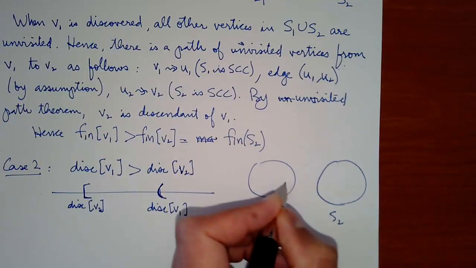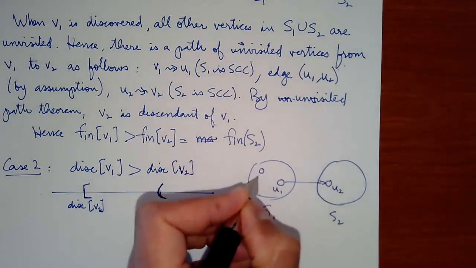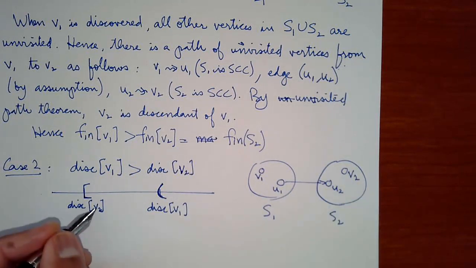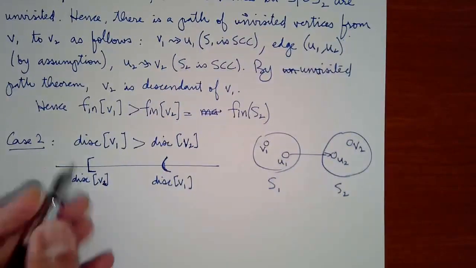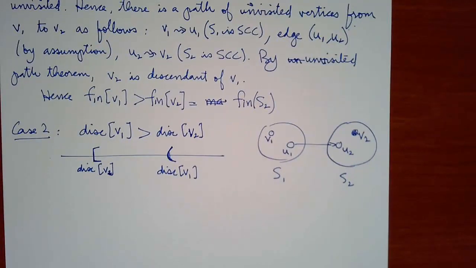S1, S2, U1, U2, V1, V2. So V2 is discovered first. So now, can you complete the proof?